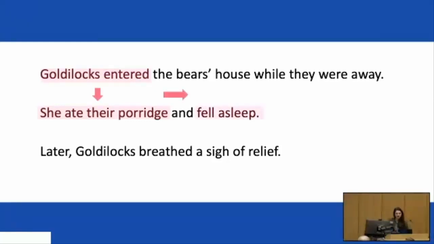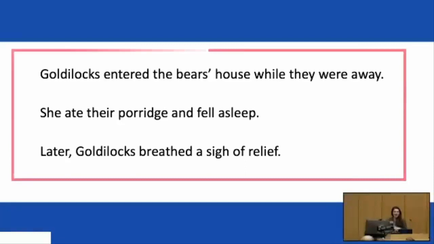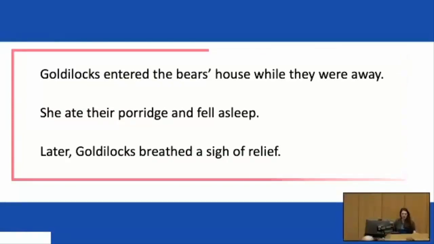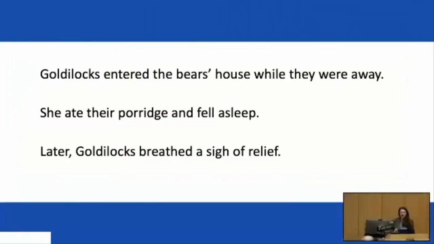eating the porridge. And then finally, readers construct a mental model that is called the situational model, and that integrates information not only on this page, but on previous pages of the Goldilocks story that you also read. And this whole time, prior knowledge is also helping you understand. Most people know that bears are scary and you wouldn't want to face one in real life.